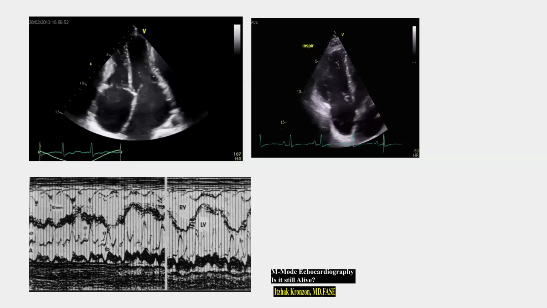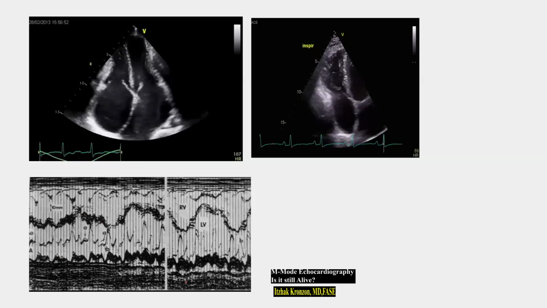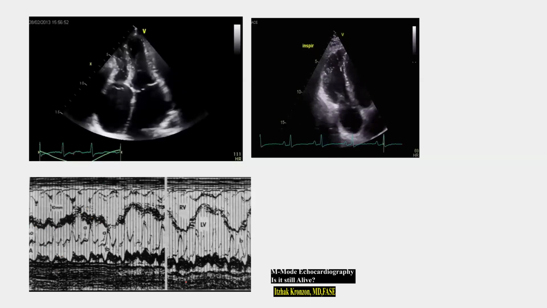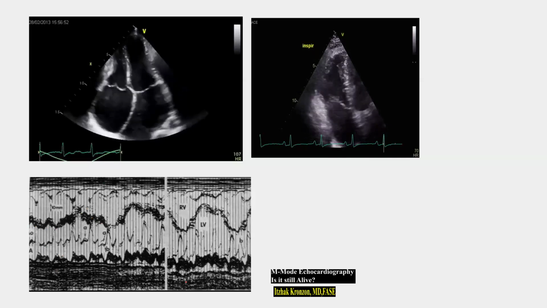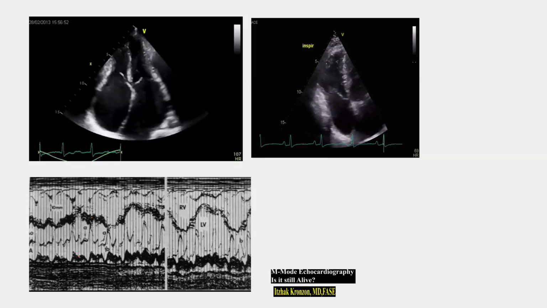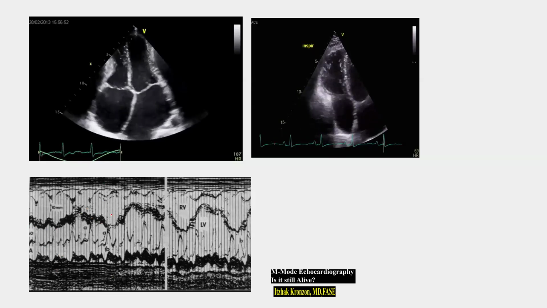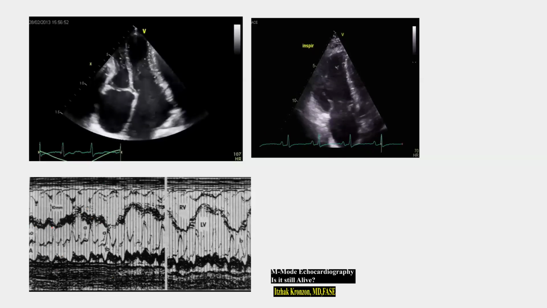Now, M mode is going to show the septal bounce even better than 2D. This is again because we said over and over again that M mode is better than 2D in temporal resolution. That's why you see the wall excursion and the detail of wall excursion much better in M mode than in 2D. Look at the septal bounce.